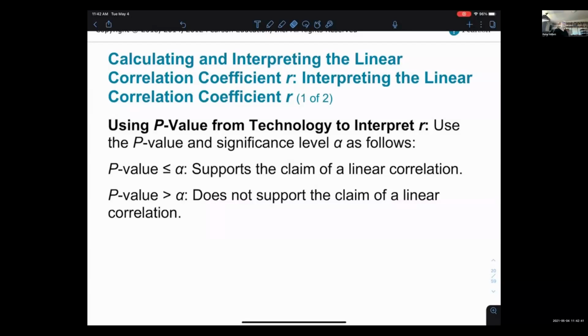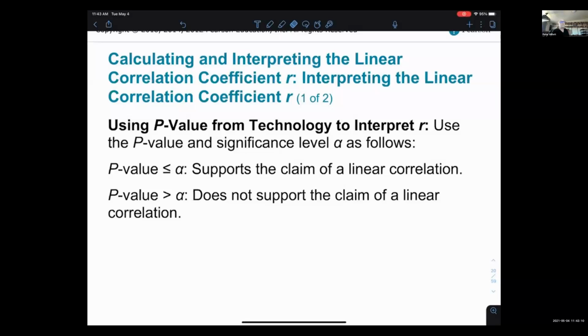Interpreting the linear correlation coefficient using a p-value from technology to interpret R. Use the p-value and significance level as follows. If the p-value is below the significance level, that supports the claim of a linear correlation. If the p-value is greater than the significance level, that does not support the claim of a linear correlation.